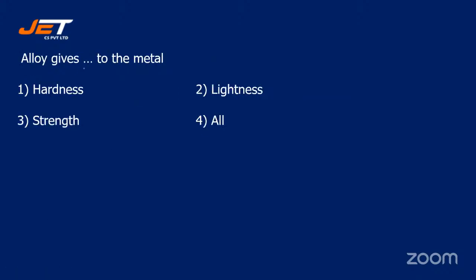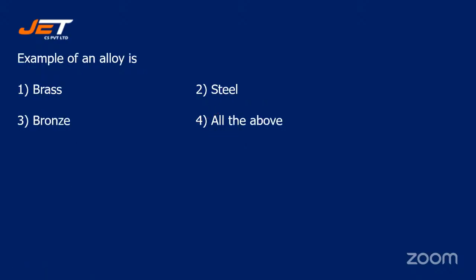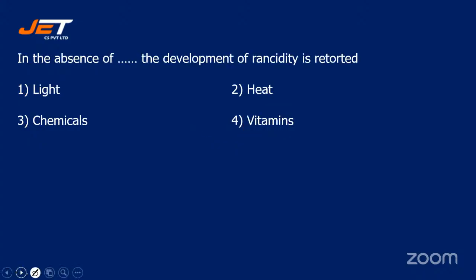Next question. Alloy gives dash to the metal. Hardness, lightness, strength. All the properties are given by an alloy to the metal. Example of an alloy, this also we have done: brass, steel, bronze. All three are alloys of metals, formed by a mixture of the metals.